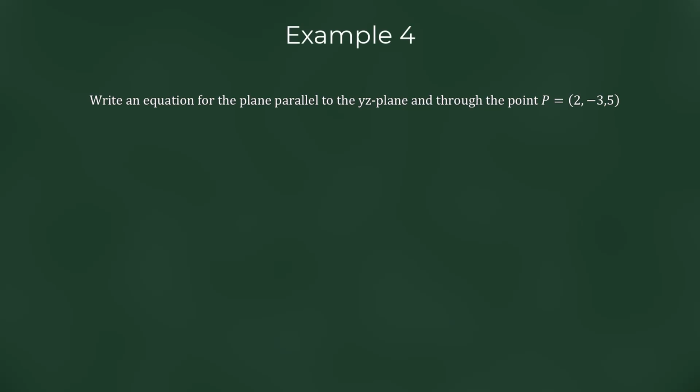All right, we'll use what we know about planes in three-dimensional space in order to answer this next question. We want to write an equation for the plane parallel to the YZ plane and through the point P equals (2, -3, 5). So what do we know about this plane? Well, all the points in that plane have the same x coordinate.